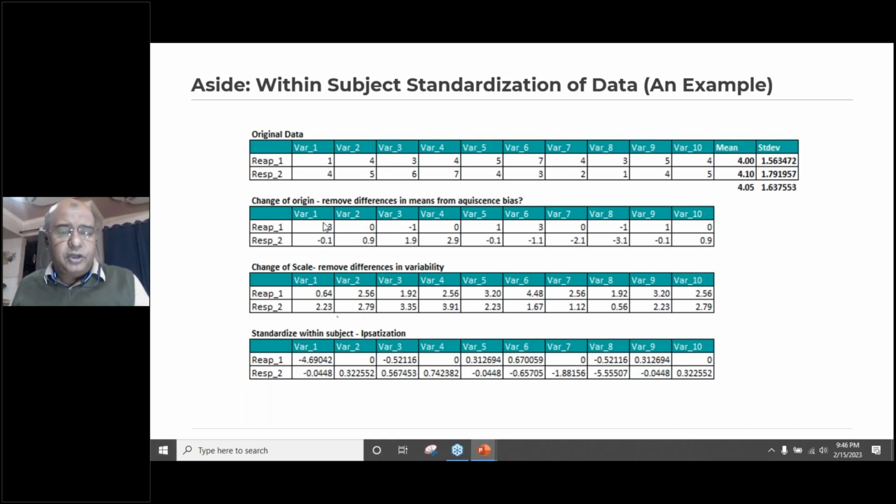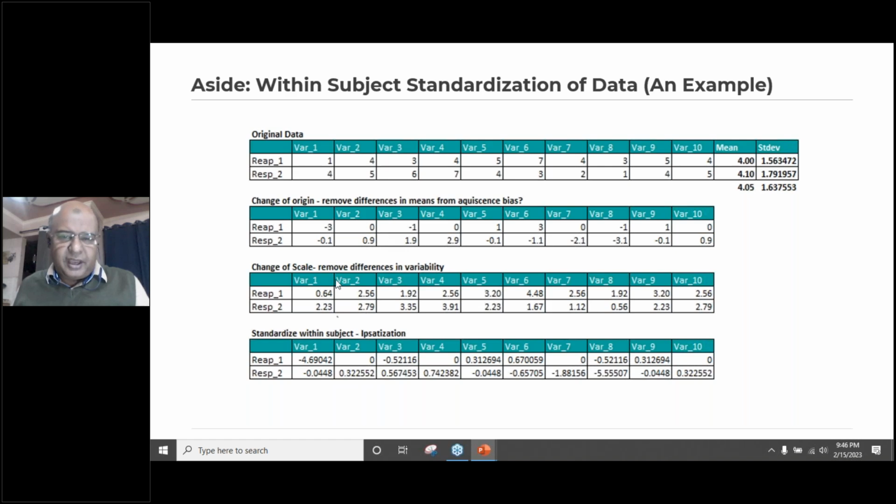So we change the origin to 0 by subtracting the mean for that particular individual from each response. We then also take away the variability, so we divide each response by the standard deviation for that individual, and we get these scores. So 0.64 is 1 divided by 1.56, etc.